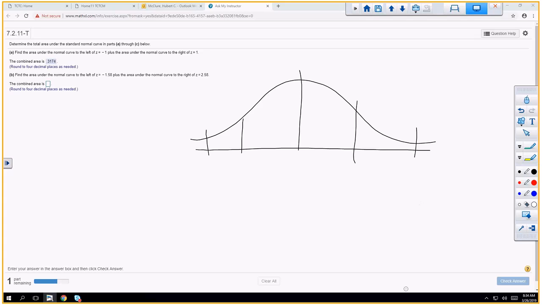I realize some of y'all invented the normal curve, but some of y'all didn't. 0, 1, 2, -1, -2. And negative 1.58, there's 1.5, 1.58 is going to be right there.